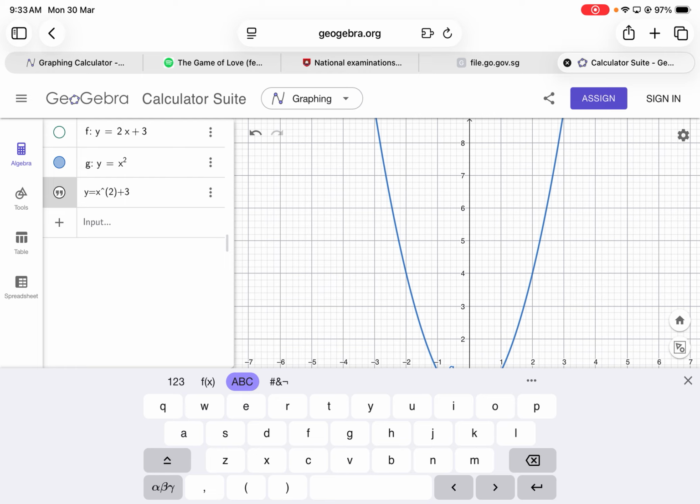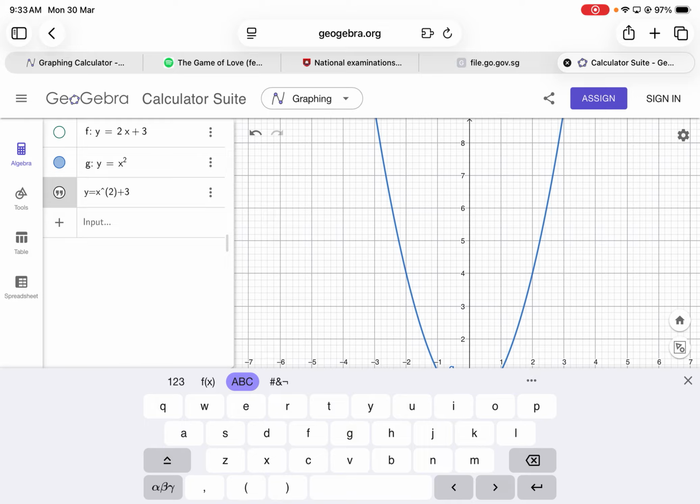So these are the numbers that you all can go and change and play around with. So you can write 2x squared plus 3x plus 5. I change my a to 2, I change my b to 3, I change my c to 5. Then I put y equals. Then you can see how this graph looks like.